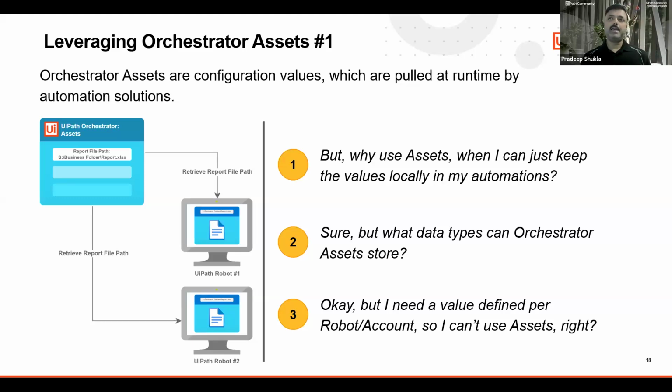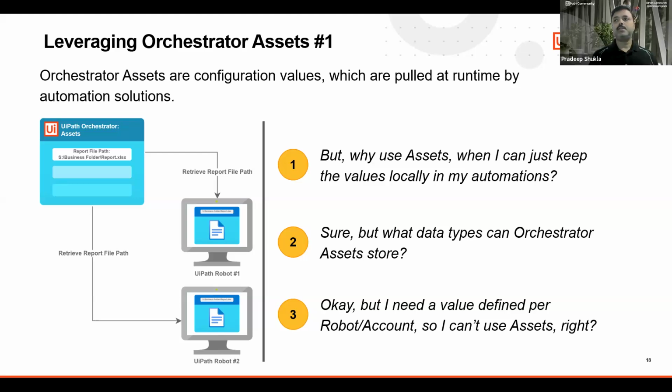So, Orchestrator assets. Think of assets as configuration values, like in a program where you can put configuration values in a spreadsheet and tie it with the program and deploy it. It gets stuck because it's not dynamic. You cannot change it. Sometimes if you're putting those configuration values within code, you may have to rebuild the automation as well.